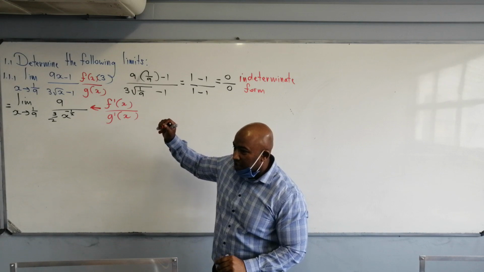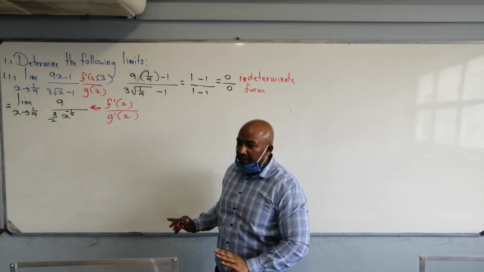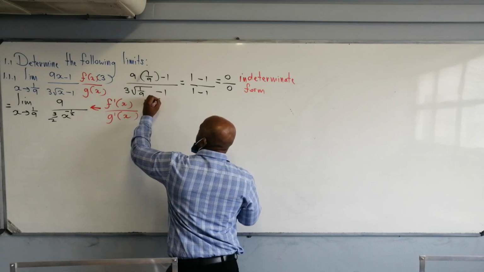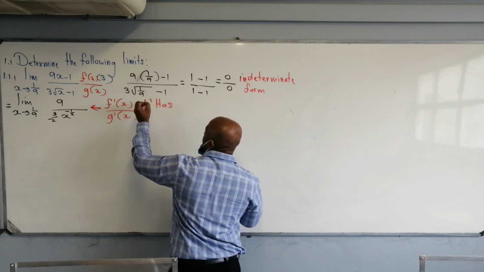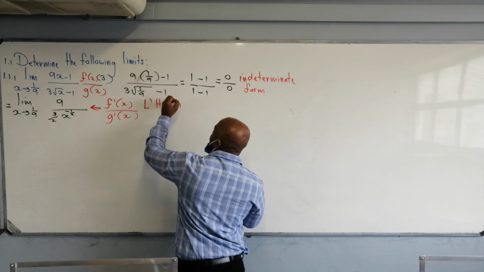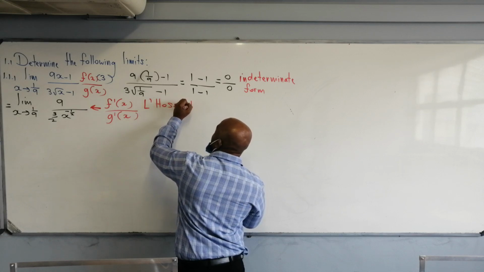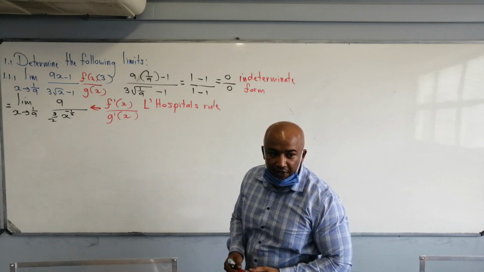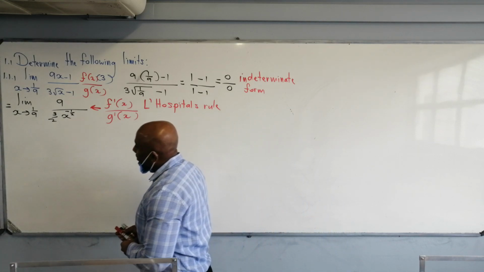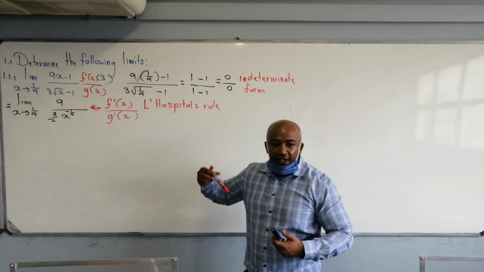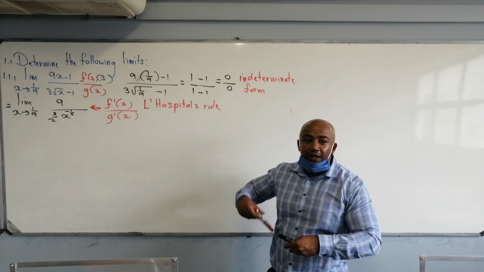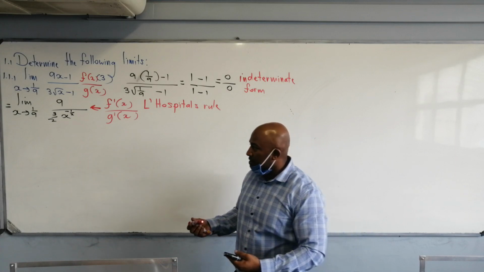We're differentiating the top separately from the bottom. So this is the rule that we're using. We find the first derivative of the top, first derivative of the bottom. Then we simplify it, resubstitute.